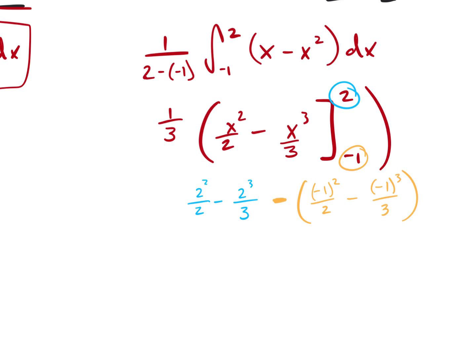So 2 squared would be 4, divided by 2 is 2, minus 8 over 3, minus, here we would get 1/2. -1 cubed stays -1, so this would make it a plus 1 over 3.